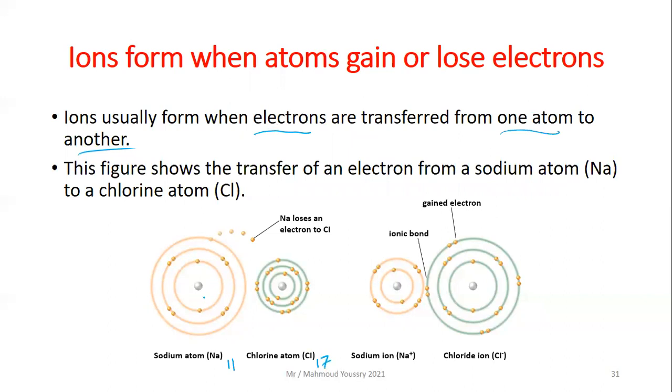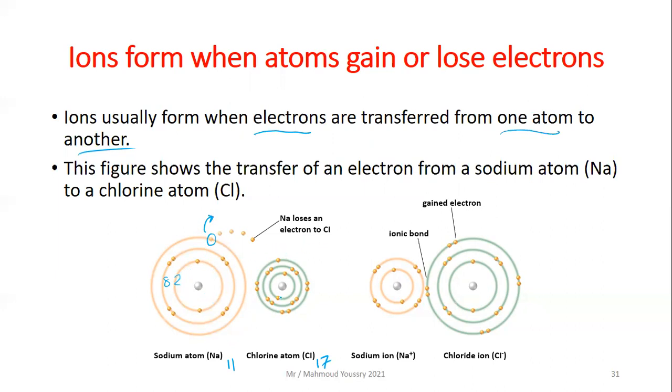When you distribute the electrons to the energy levels, the first takes 2 and the second takes 8. 2 plus 8 equals 10, and 11 minus 10 equals 1. So here is 1 electron. The sodium atom tends to lose this electron and it becomes a positively charged sodium ion.